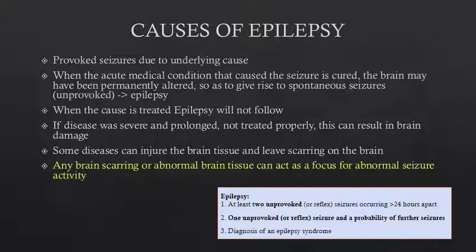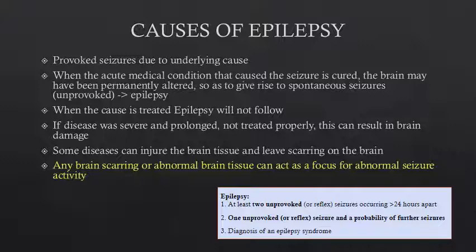In such a case, epilepsy may be diagnosed. When the medical condition is treated appropriately, for example, if a person presents with severe hypoglycemia and seizure, and the hypoglycemia is immediately treated and blood sugars are well controlled, epilepsy will likely not follow.